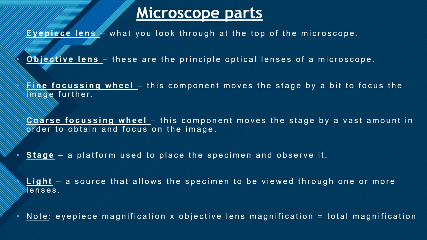The fine focusing wheel moves the stage by only a bit to focus on the image further. The coarse focusing wheel moves the stage by a vast amount in order to obtain and focus on the image. Stage, a platform used to place the specimen and observe it, and usually it comes with a slide, so just write slide here.